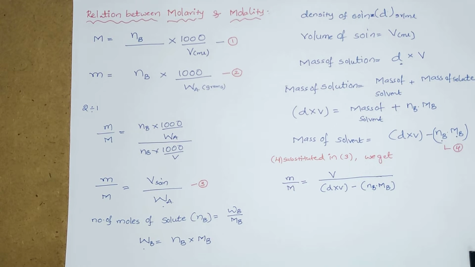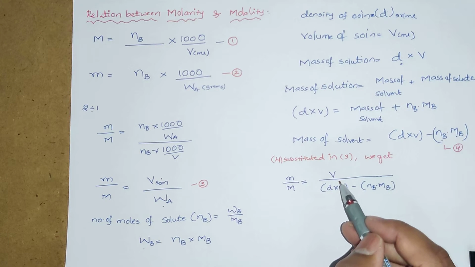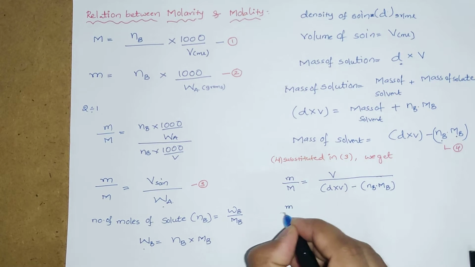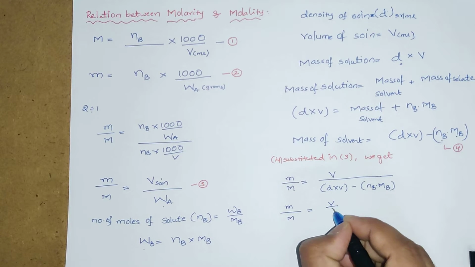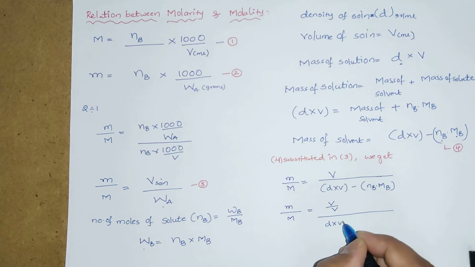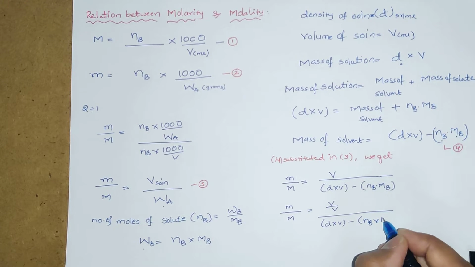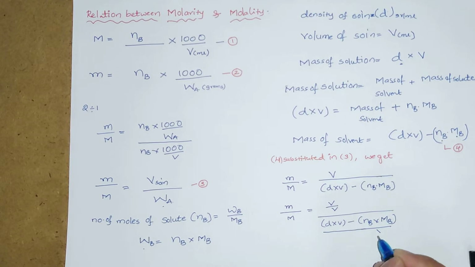Both numerator and denominator on the right hand side are divided by V. Then what we get here: M by capital M is equal to volume of solution by volume of solution divided by density into volume minus number of moles of solute into molecular weight of solute, totally divided by volume of solution.